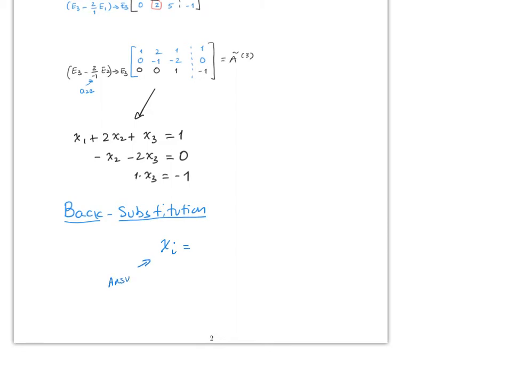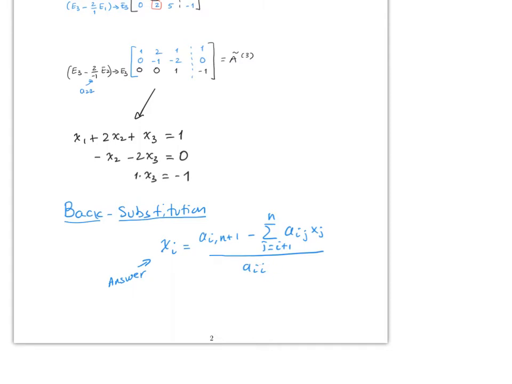So this is the answer to the problem. xi is going to be a_i,n+1 minus the sum from j equals i+1 to n of a_ij xj, everything divided by a_ii, which, remember, these are the diagonal elements in the matrix.